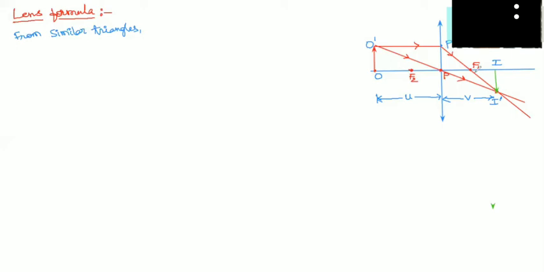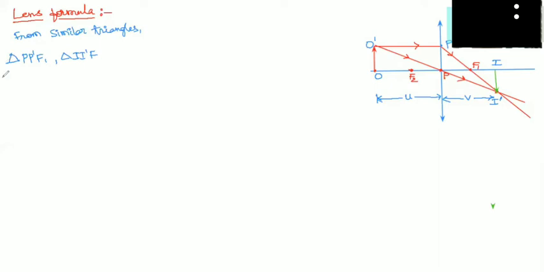P dash F1 is one triangle, and F1 I dash is other triangle. So based on P dash I dash line we are taking similar triangles. Those triangles are triangle P dash F1, this is one triangle, and next triangle I dash F1. These two triangles are formed by the same line, so this becomes a similar triangle.